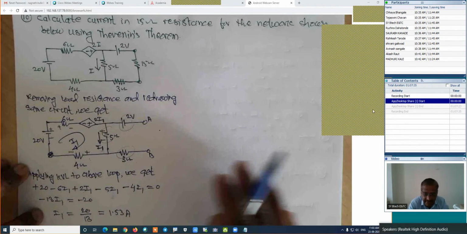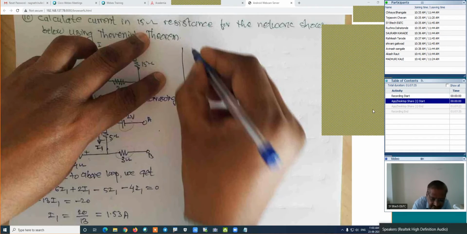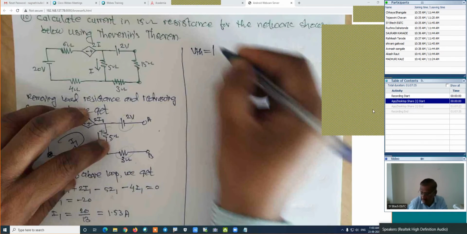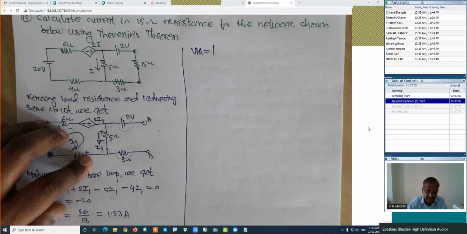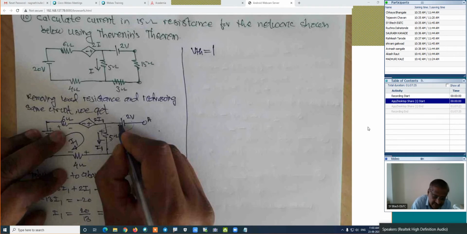If we know that current, then we can find out the value of VTH, which is the modulus value. Find out the VTH, which is Thevenin's equivalent voltage. Is it right? If we are trying to find out the value of VTH, we will travel from the B towards A. This is positive terminal, this is negative.